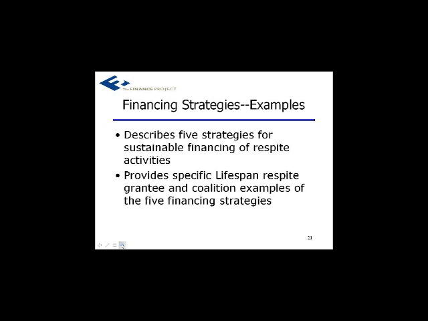Those are making better use of existing resources, which are detailed on slides to come, but I want to share them now: to maximize federal and state revenue, to create more flexibility in existing resources, to build public-private partnerships, and to create new, dedicated funding sources.